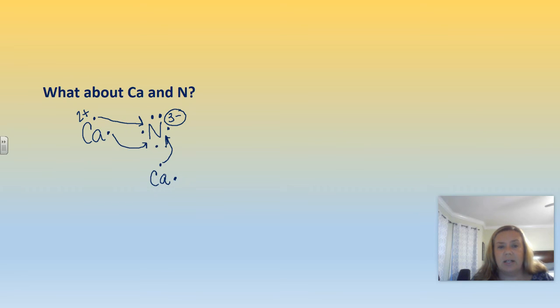But what happens here is calcium has an extra electron that's going to be taken. And so nitrogen is going to do that job, and nitrogen has 5 valence electrons to start. Nitrogen takes that calcium. Calcium then becomes a 2 plus cation because it lost 2 electrons.